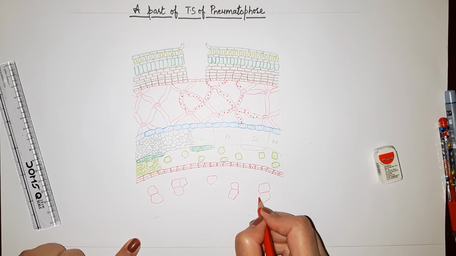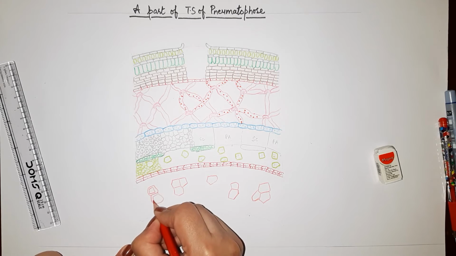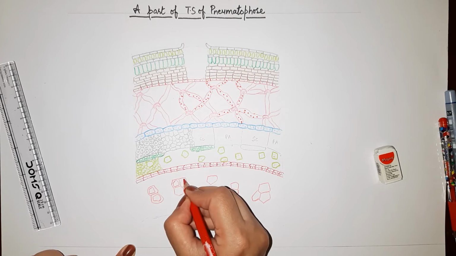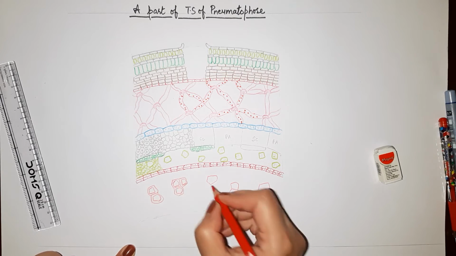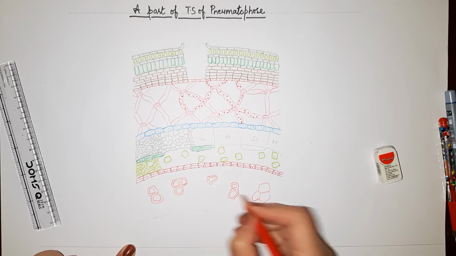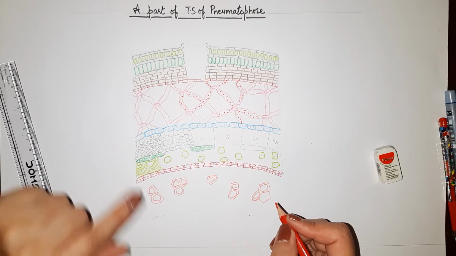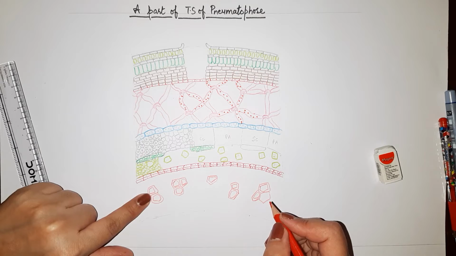Rest of these are filled with parenchyma and tracheids. These large elements designate vessels. So these should be double walled and the lumen should be large enough. Okay, so that is the difference of sclerenchyma and xylem.